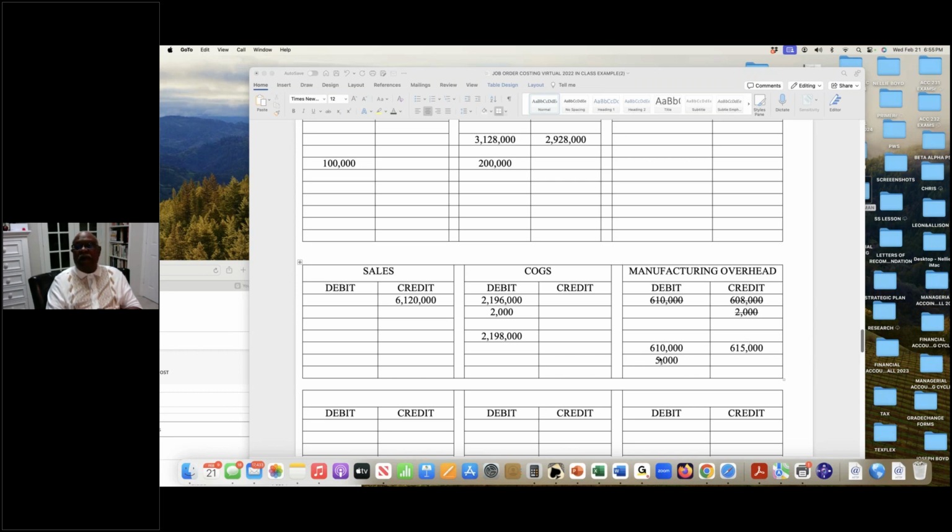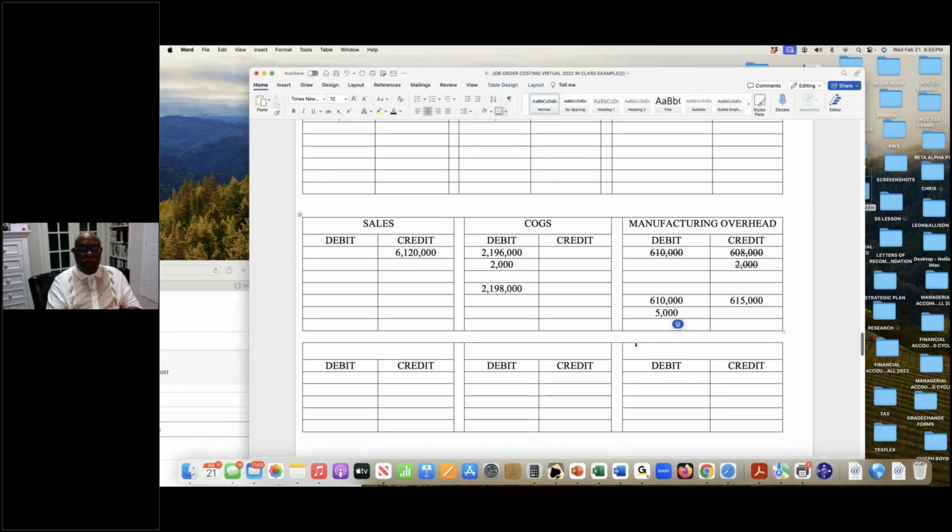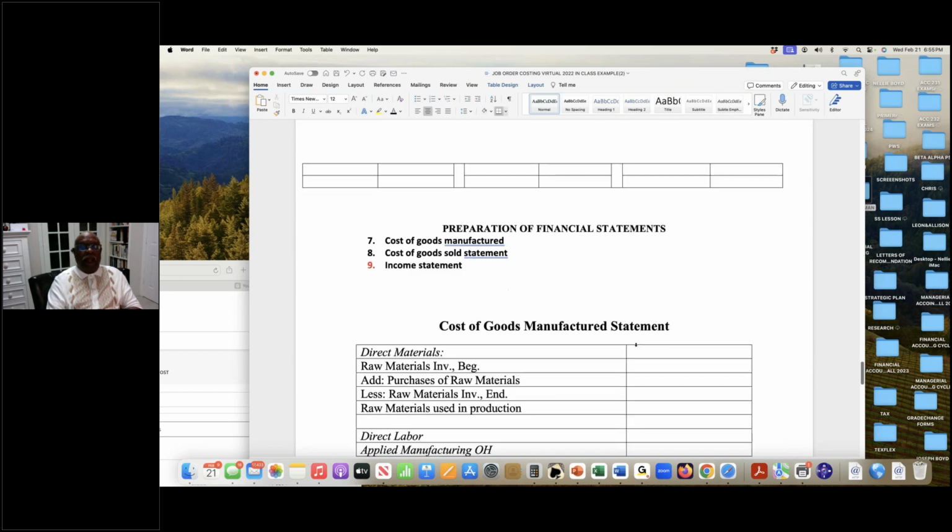Okay, so the next thing we have to do is prepare our financial statements. Cost of goods manufactured, cost of goods sold. We've got to prepare these statements and then the income statement.